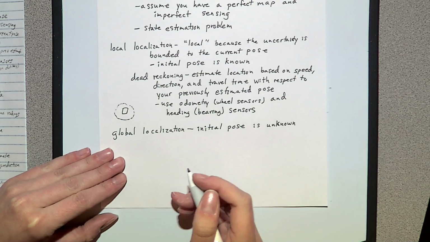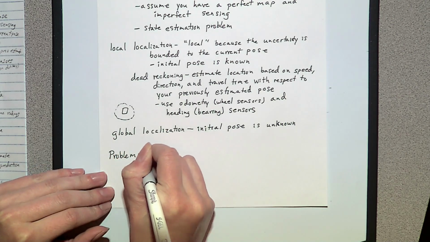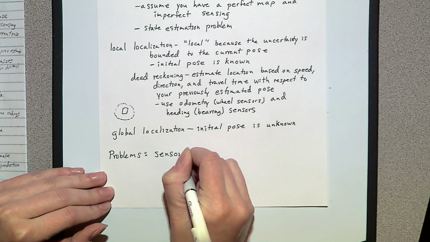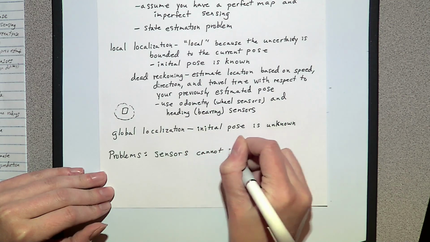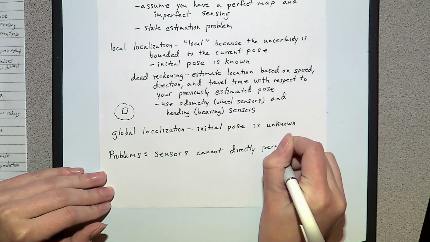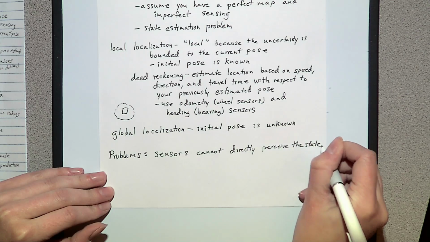So there are a lot of problems that can come about with localization. One of the first ones is that your sensors typically cannot directly perceive the state, right?